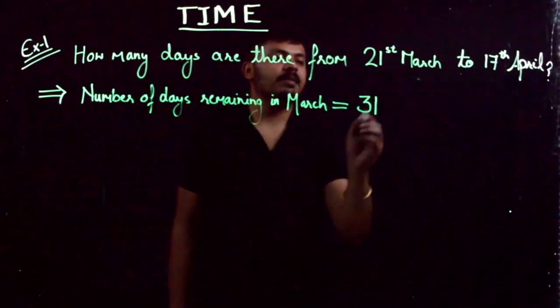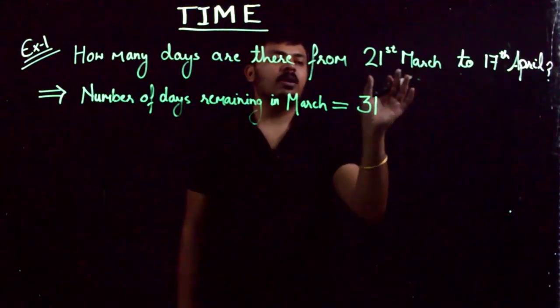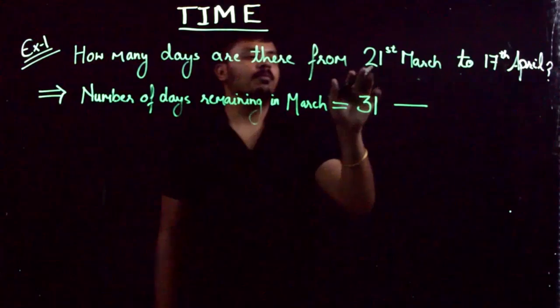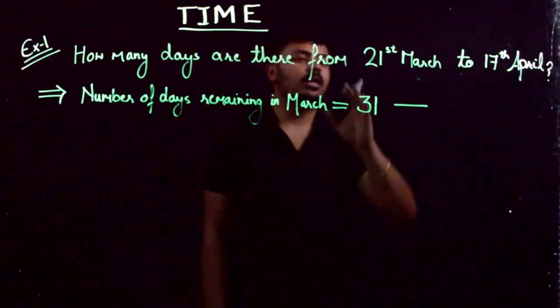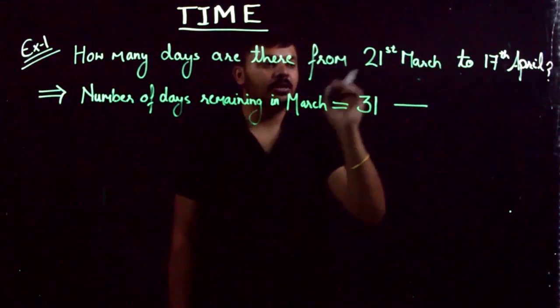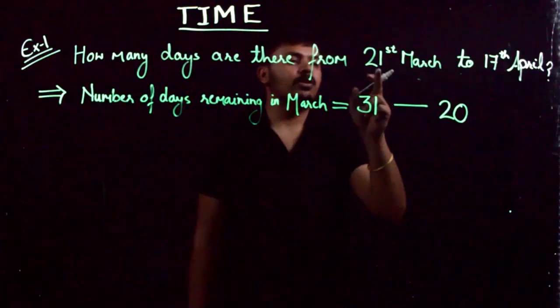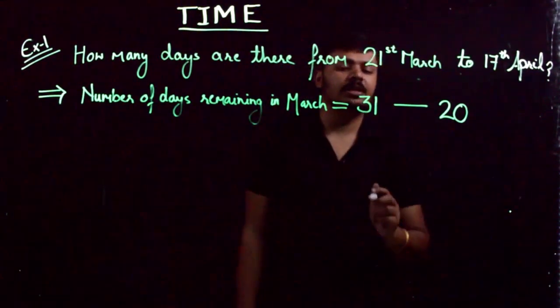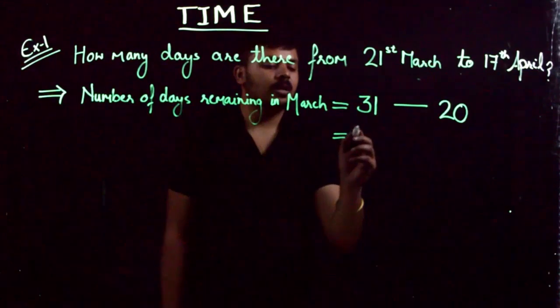So from 31 we subtract the days already passed. From 21st March we need the remaining days, so we subtract 20, since we need from 21st. So 31 minus 20 is equal to 11 days.